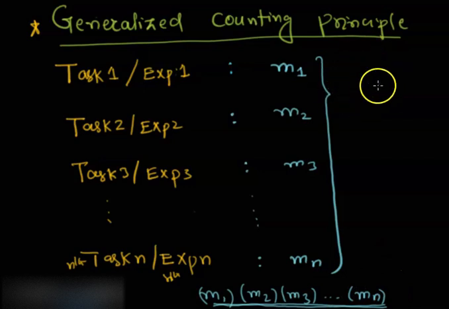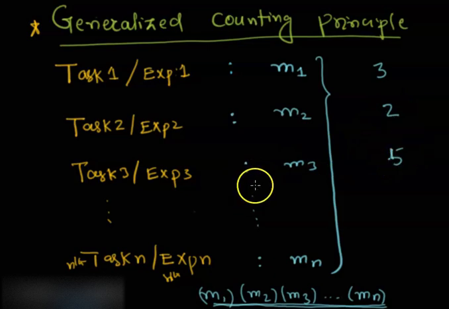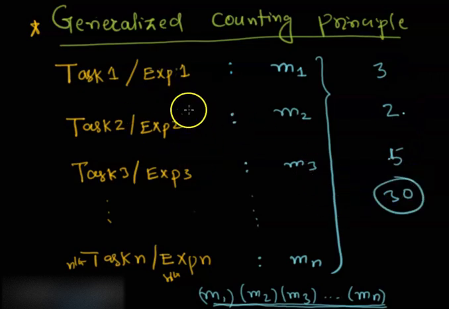For example, let's say that task 1 can be performed in 3 ways, this one can be performed in 2 ways, and this one can be performed in, let's say, 5 ways. So the number of ways these 3 tasks can be performed is just the multiplication of these 3. 3 times 2 is 6, times 5 is 30. So in 30 ways you can perform these tasks together.